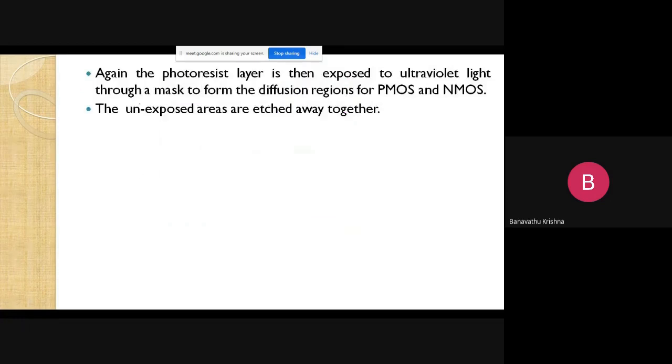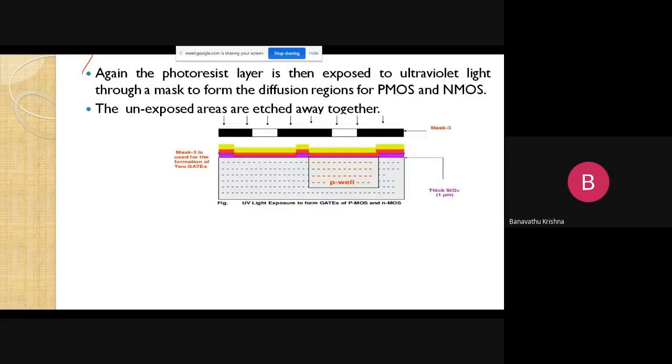Okay. Again the photoresist layer is exposed to ultraviolet light through a mask to form the diffusion regions for PMOS and NMOS. The unexposed areas are etched away. Let us see here. We need to form the gate terminals of the P channel and N channel.